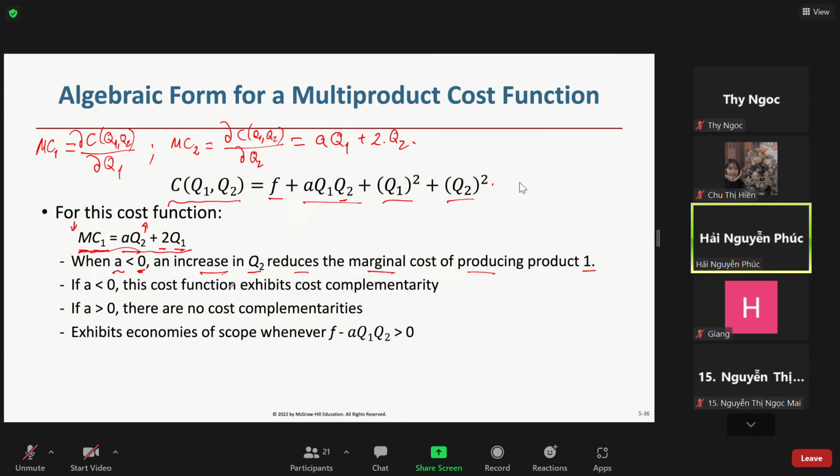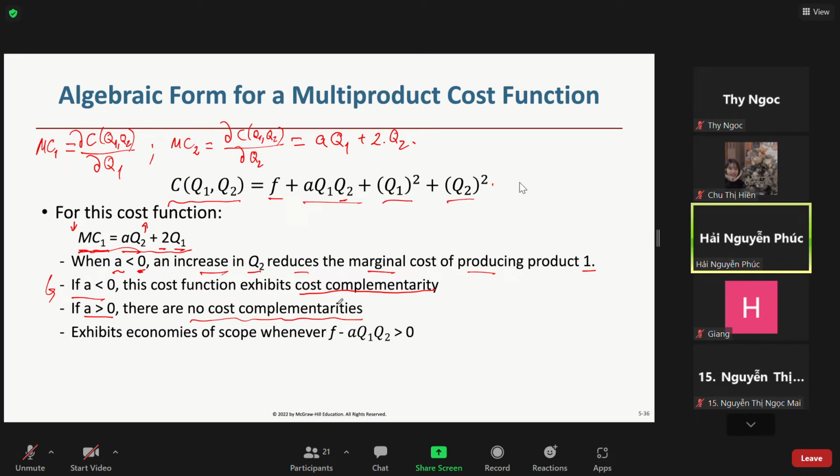So we say that when A is negative, an increase in Q2 will reduce the marginal cost of producing good 1. That means if A is negative, we are going to have cost complementarity in production. And of course, if A is positive, there will be no cost complementarity.